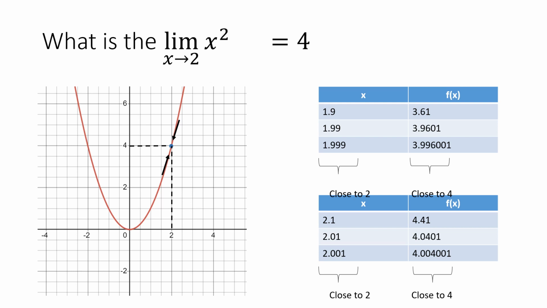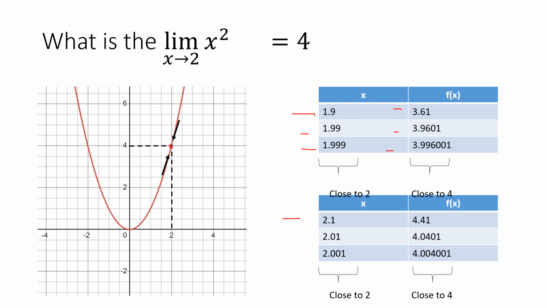What's the limit of x squared as x approaches 2? Well, it's approaching 4. Here's 2, and this is actually right there, and the answer approaching 4. I could put 1.9 for x. 1.9 squared is 3.61. 1.99 is 3.9601. 1.999 is 3.996001.